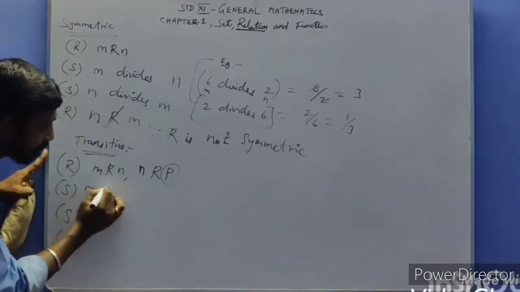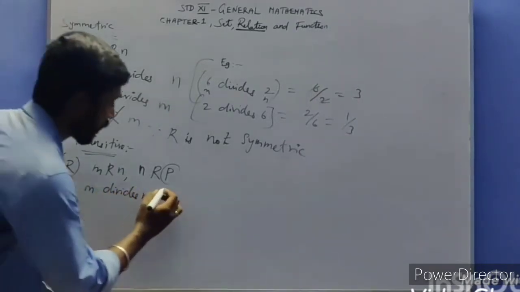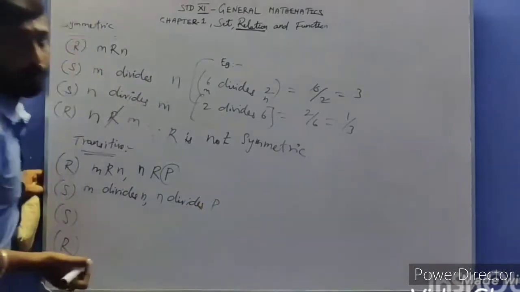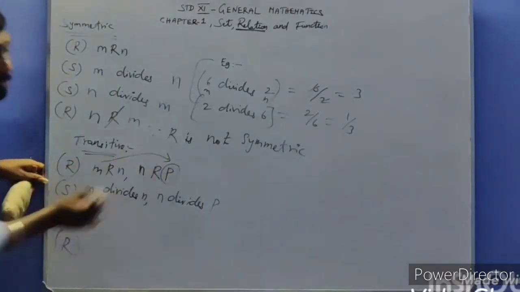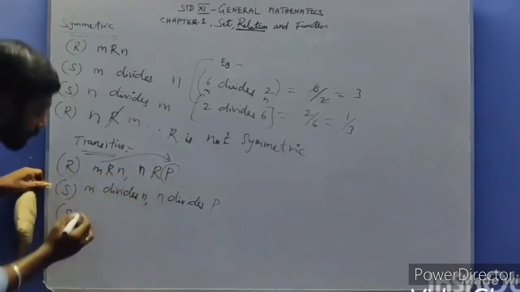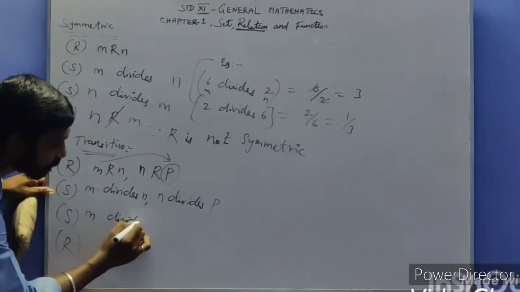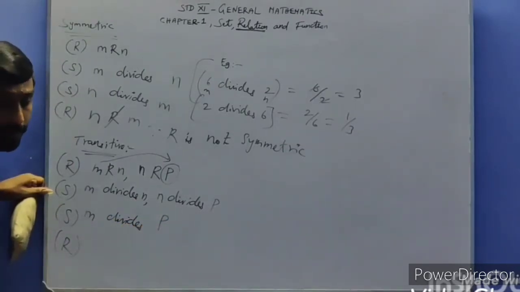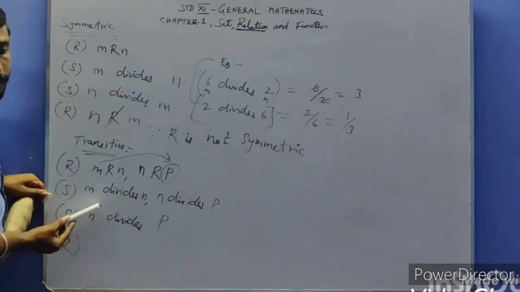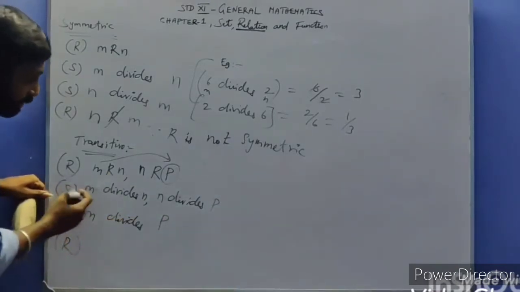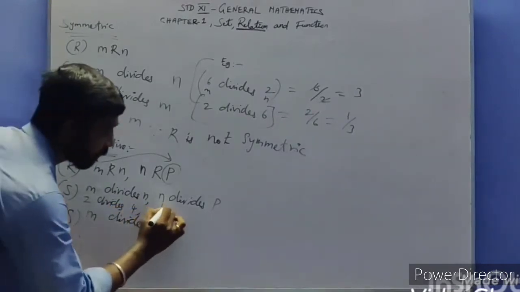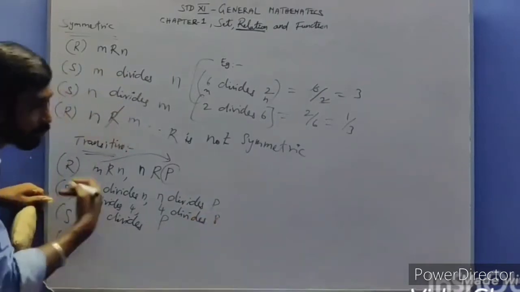Write the statement: M divides N, then N divides P. The next statement: M related to the third person, M divides P. Here M related to N, N related to P is the first statement; next, M related to P. For example, 2 divides 4, and 4 divides something; take whatever value you like.